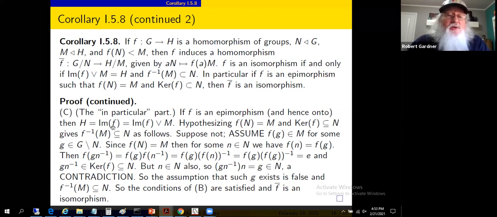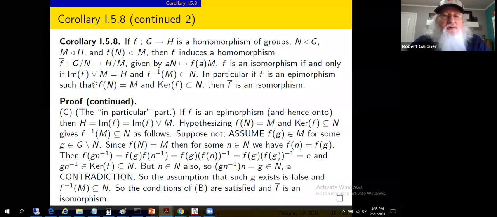The image of F is the image of F join M. The image of F is all of H, and we join it with some more stuff. Remember, M is a normal subgroup of H, if you like. So by taking all of H and then joining this stuff here, you're not picking up anything new. So trivially, we get this little equality between the image of F and the image of F join M.